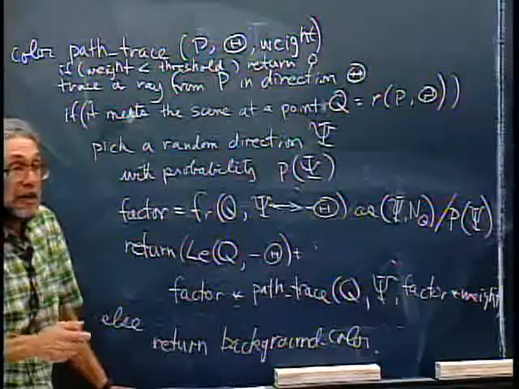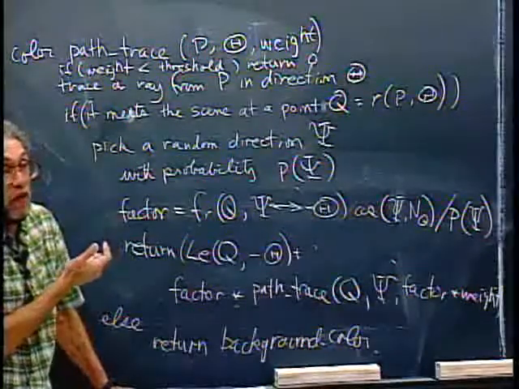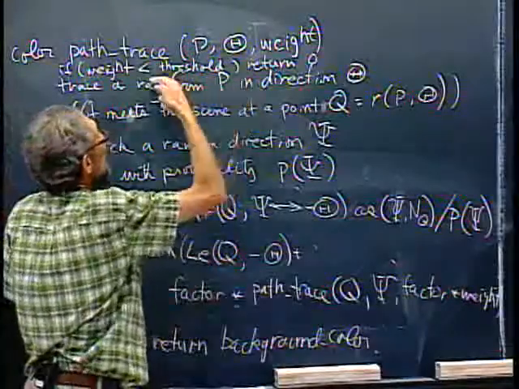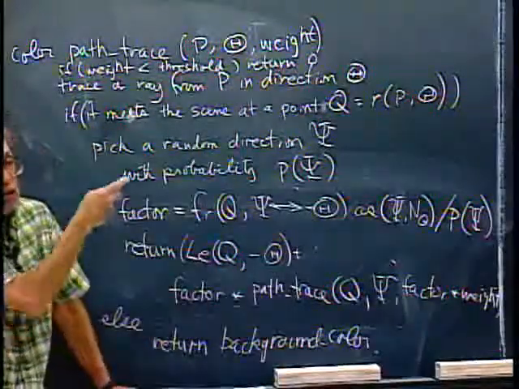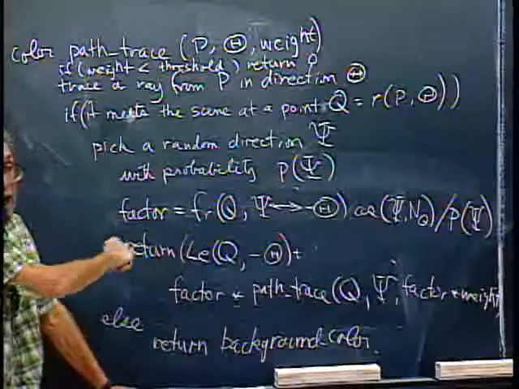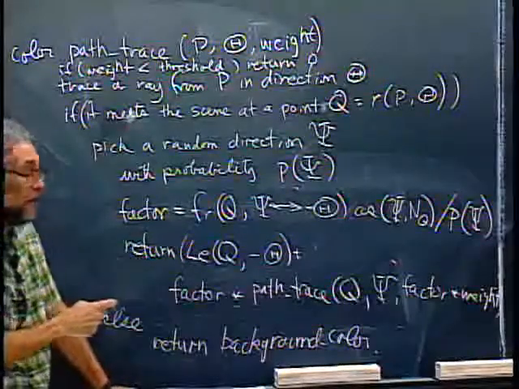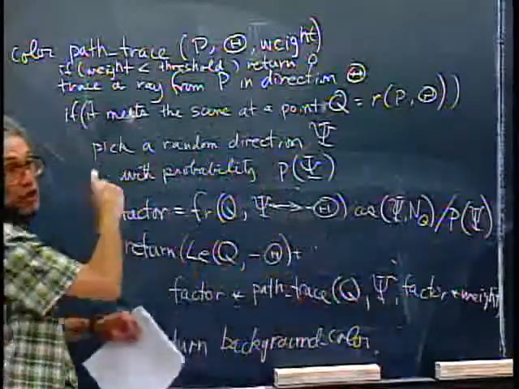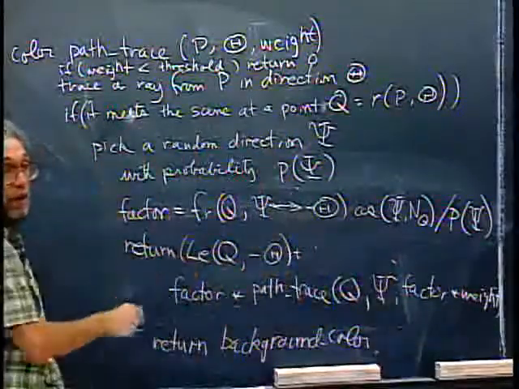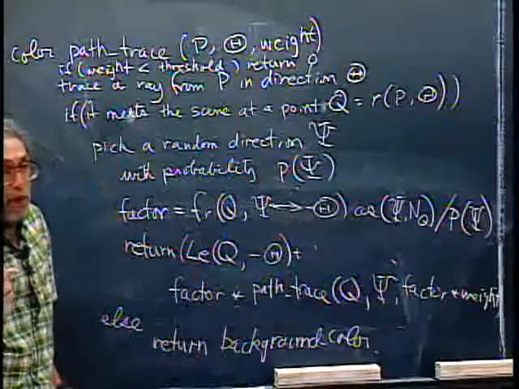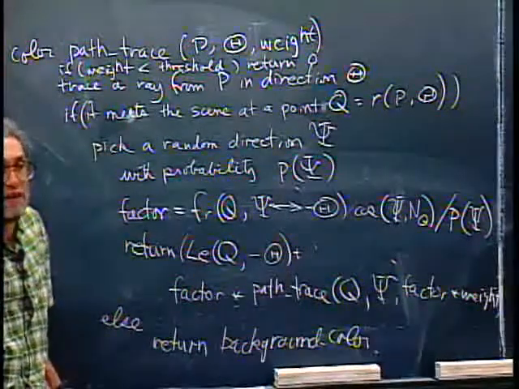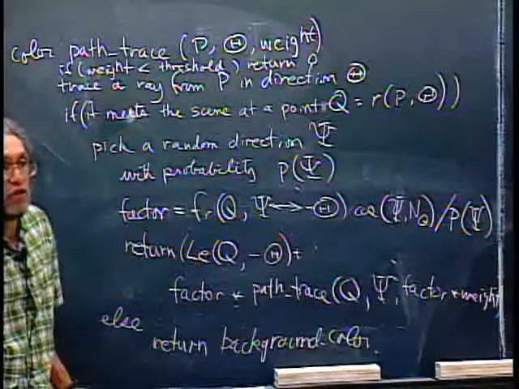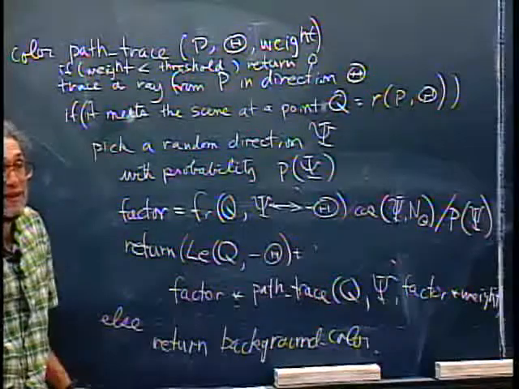Well, the same way, either by truncating at a given level or by truncating based on how much that new color could possibly contribute after all the factors multiplied in along the recursive calls, you stop and call it black. In that case, you're also biasing the answer. You're making it a little bit too dark. So next time I'm going to talk about Russian roulette, a way how not to bias it.